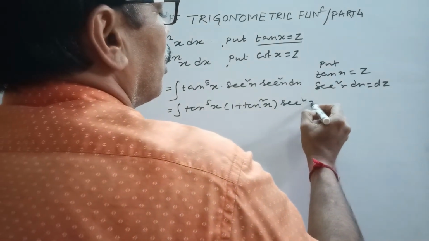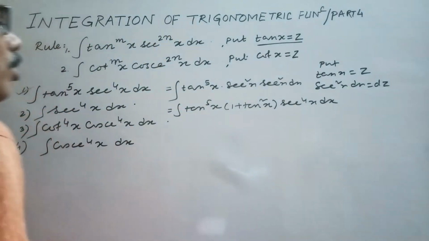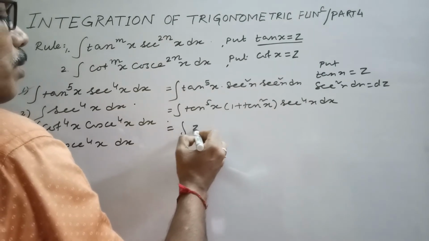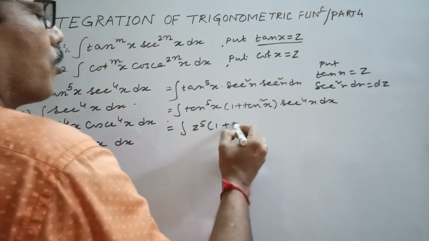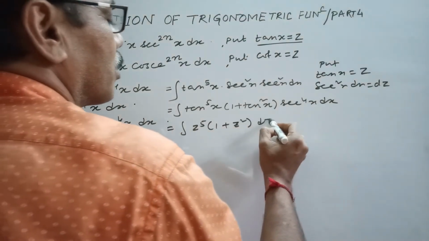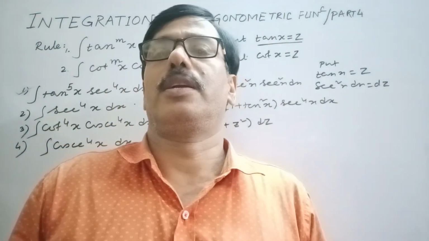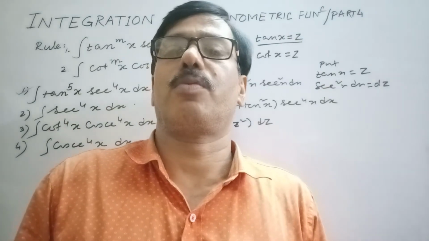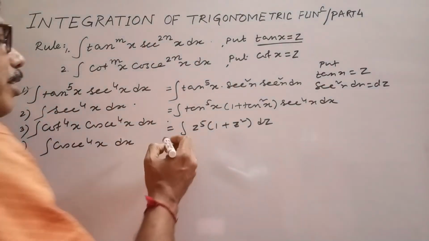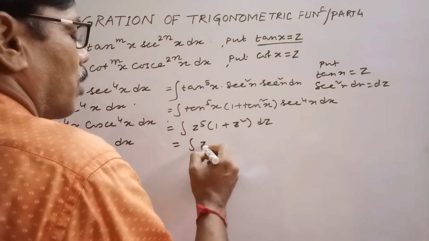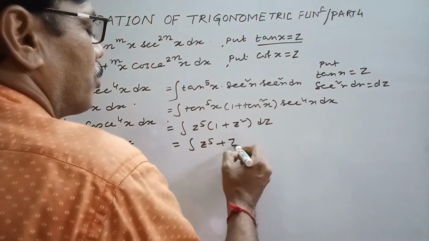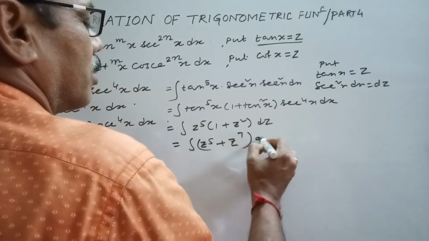So z to the power 5, times 1 plus z square. Our main aim is to put the integrand in terms of standard form. Now this is standard: z to the power 5, z to the power 7 dz.